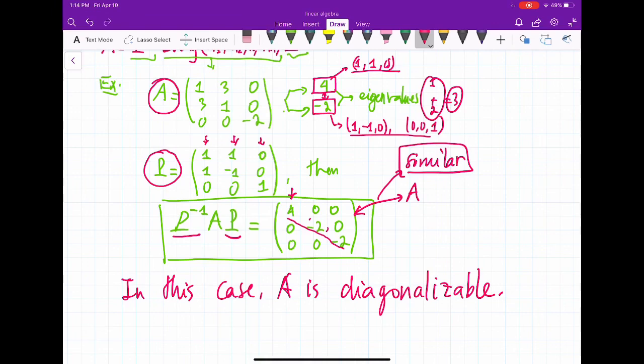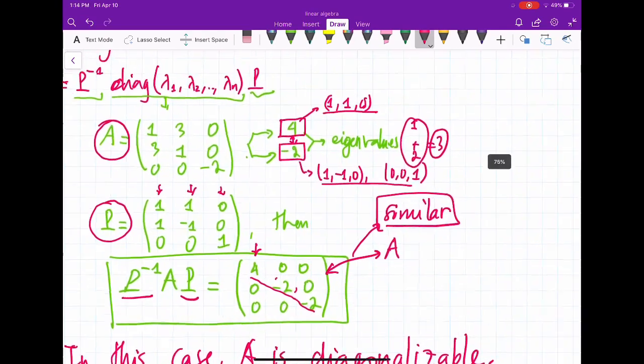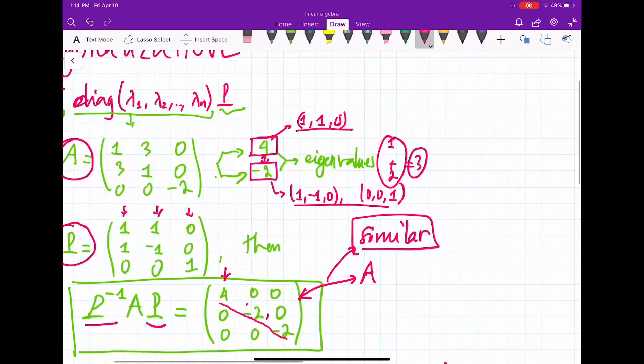From this example, we have the following observation. The matrix A is diagonalizable if it has n linearly independent eigenvectors. Look at this. We talk about multiplicity, right, of 4 and -2. The multiplicity of -2 is 2. That means we have 2 linearly independent vectors in that subspace.